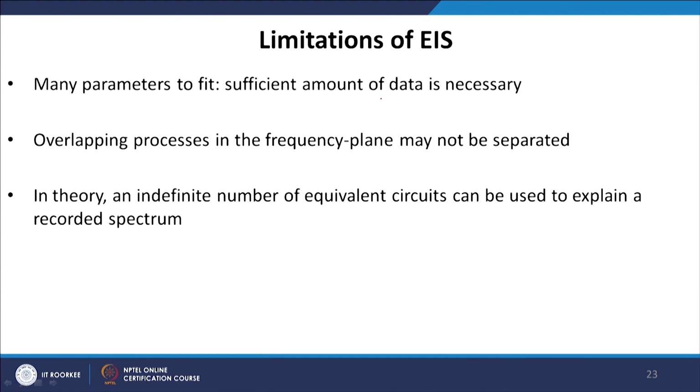Overlapping processes in the frequency plane may not be separated, and in theory an indefinite number of equivalent circuits can be used to explain a recorded spectrum. That means one can use n number of equivalent circuits; there are so many possibilities to explain a spectrum. So, there is no uniformity, somebody can explain it in this way, somebody can explain it in another way.